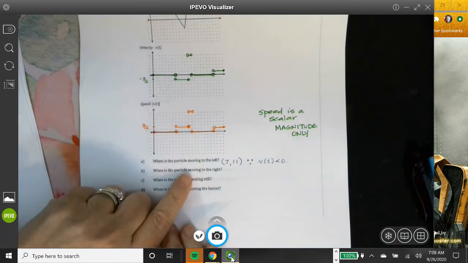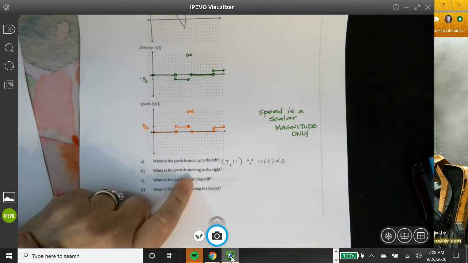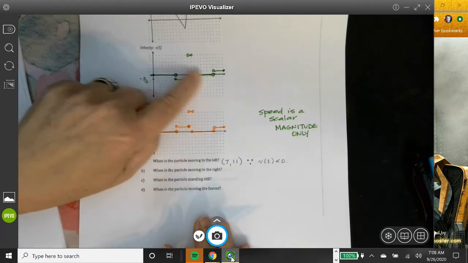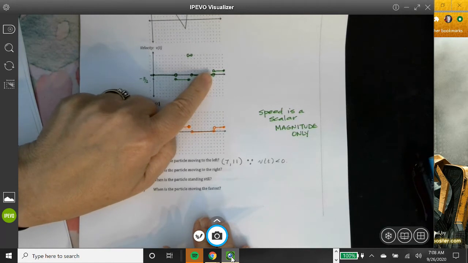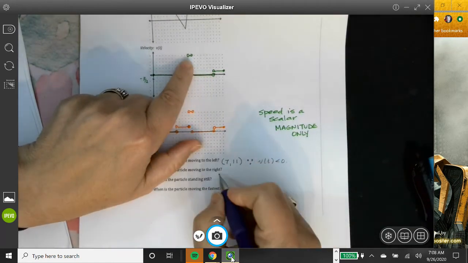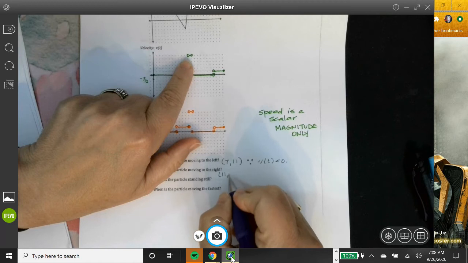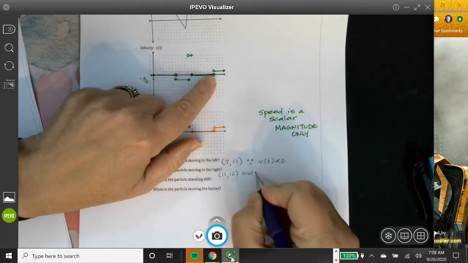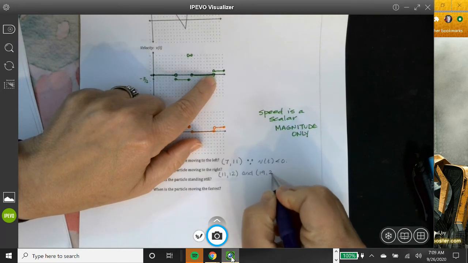All right, the next question says, when is the particle moving to the right? Well, a particle moves to the right when the velocity is positive. I have two locations on the velocity graph where the velocity is positive, so I can say it's moving to the right from 11 to 12 and from 19 to 22.